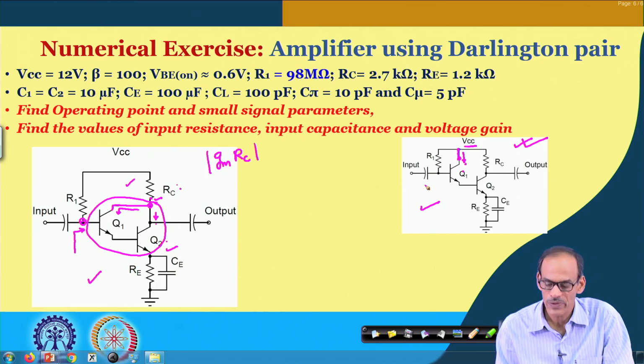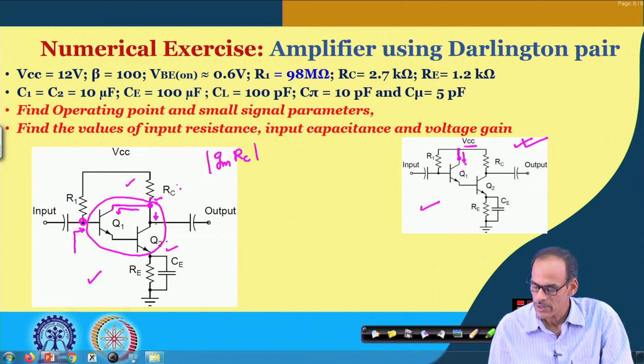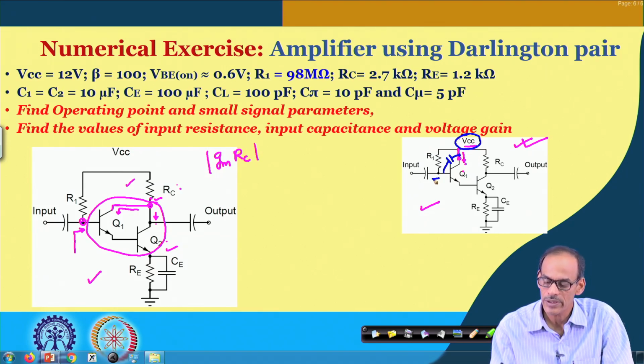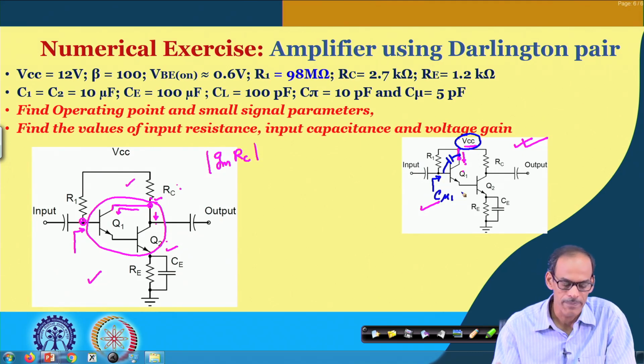But the main difference is that in the previous circuit, the other end of C mu of transistor 1 was connected to the supply voltage, which is AC ground. As a result, the input capacitance there was only C mu, as is.